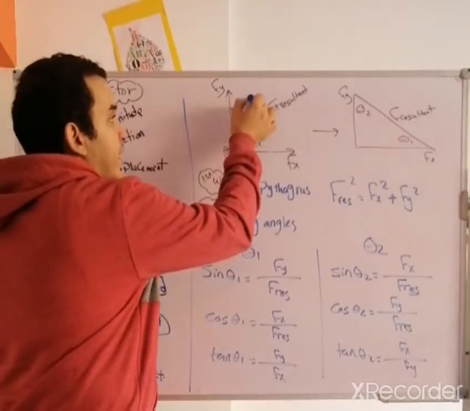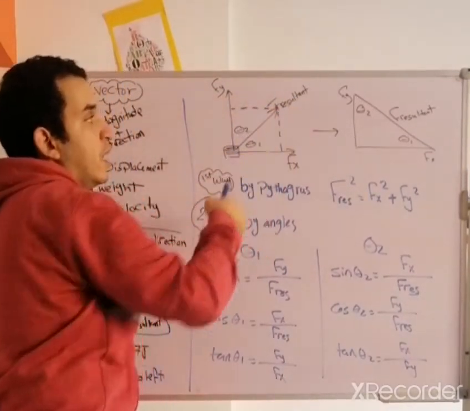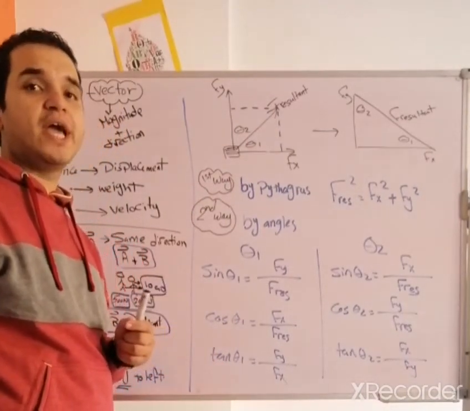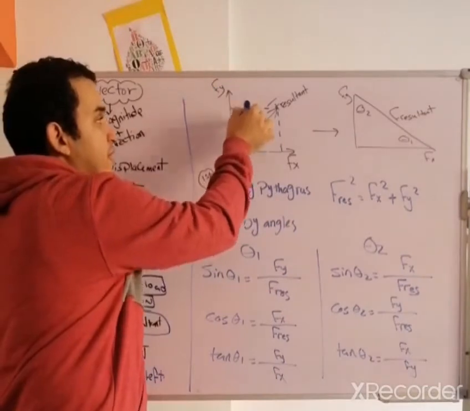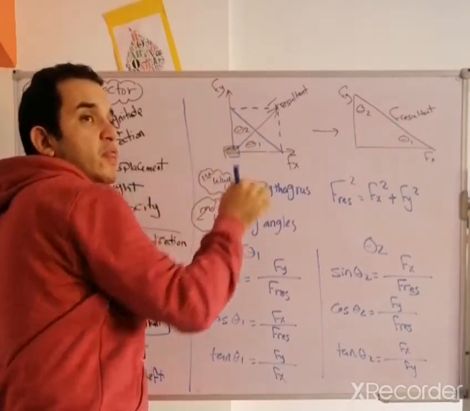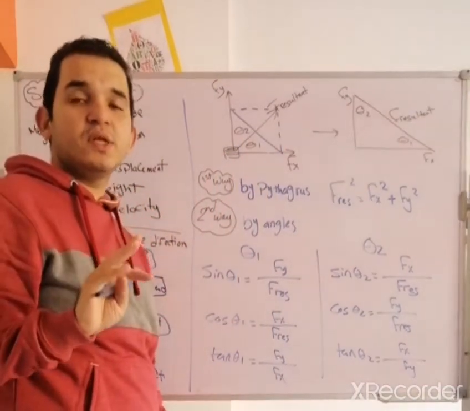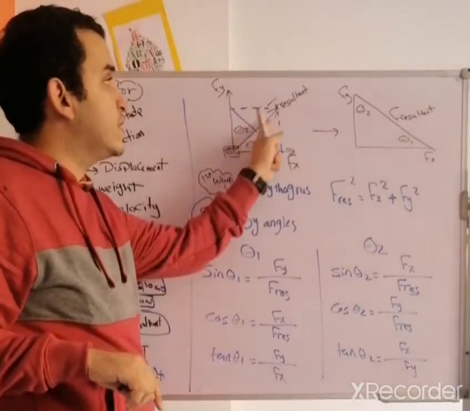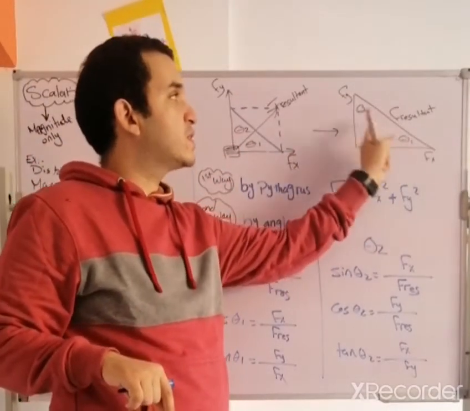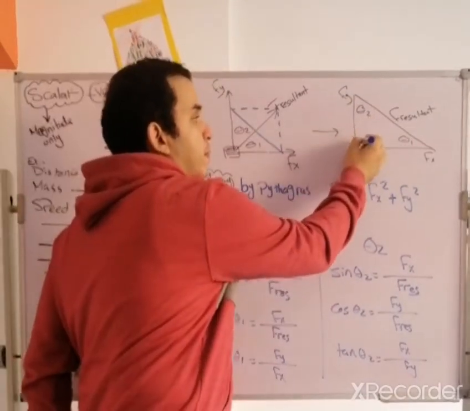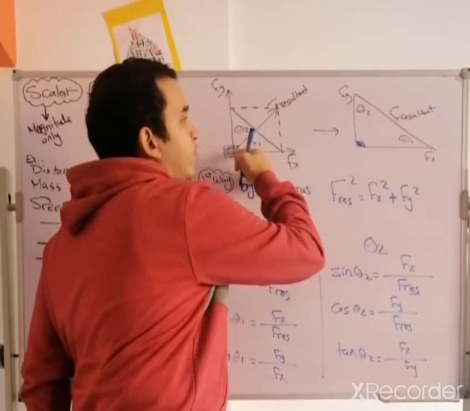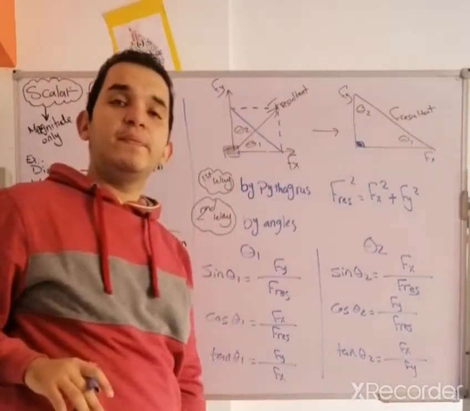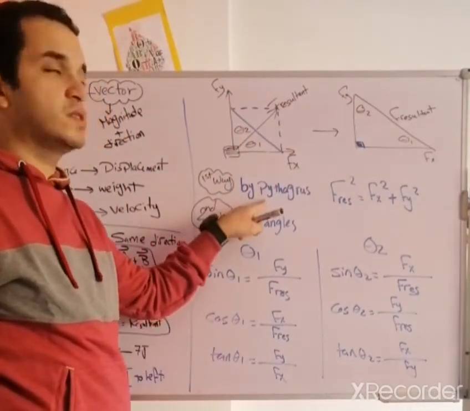Mathematically, by making an extension here with the resultant, it becomes a diagonal, which can be replaced by another diagonal; they are of equal length and have the same properties. So we can replace this resultant with Fx and Fy, which are perpendicular to each other, satisfying the rule of Pythagoras.